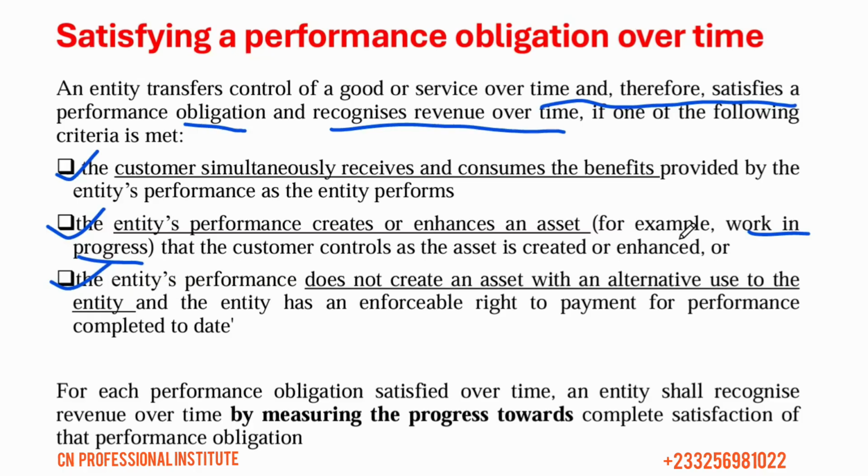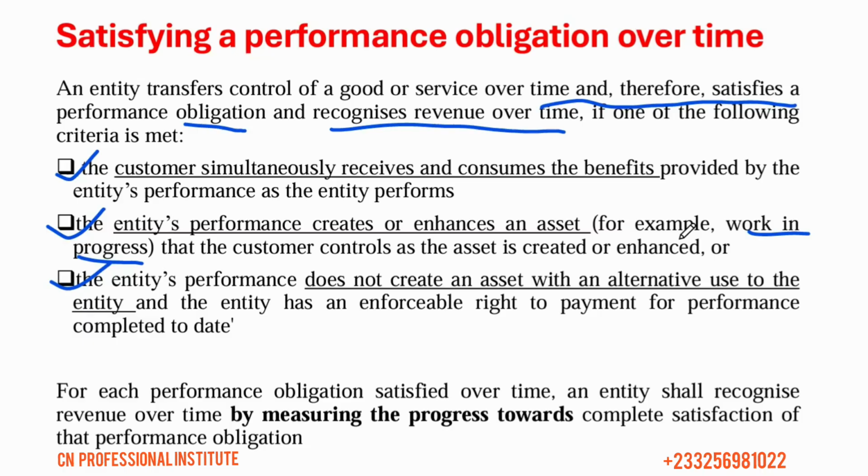As you build a house for your customer, you are creating an asset, but since that asset has no alternative use to the entity, you are doing it purposely for the customer and to the customer's specification. So it's very difficult to get alternative use for that asset. Are you following?